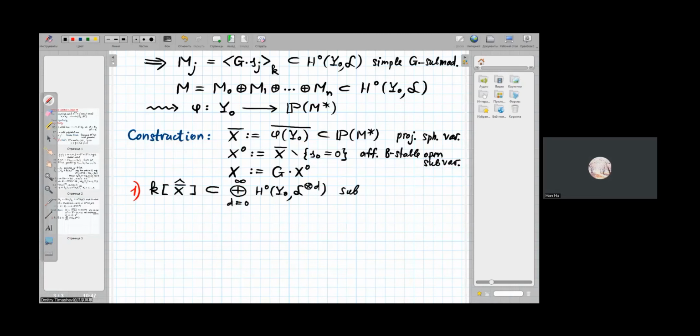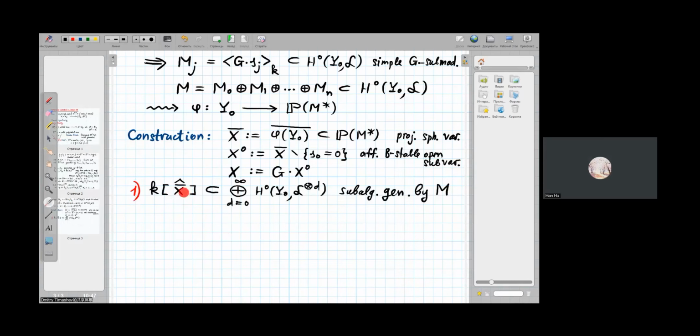Subalgebra generated by the space M. So the elements of this coordinate algebra are, well, the homogeneous. This is a graded subalgebra.